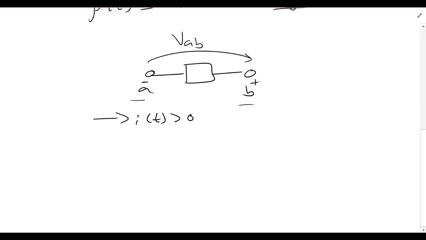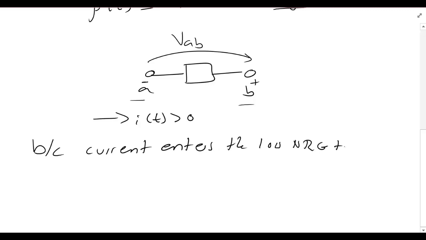What we're going to say is, because current enters the low energy terminal, power is voltage at t times current of t times -1.